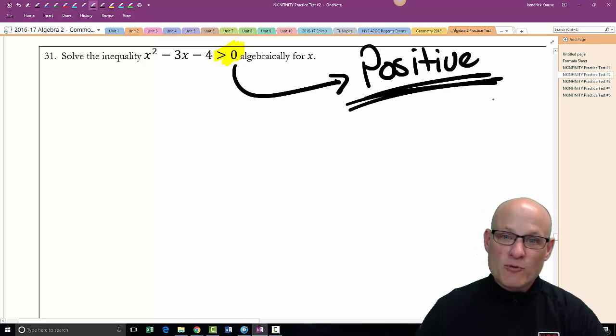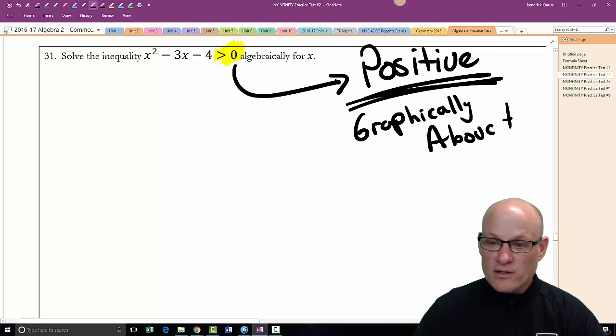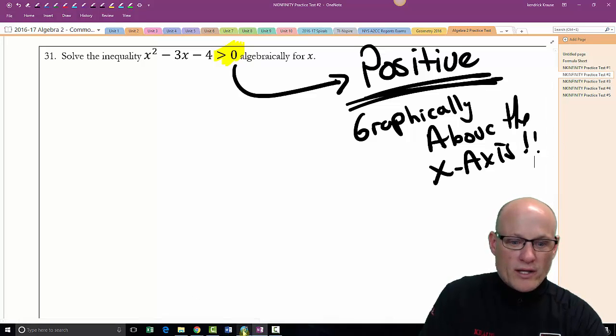Wait a second. If we're looking at it graphically, it means above the x-axis. So what I'm going to do right now is I want to know what the answers are.